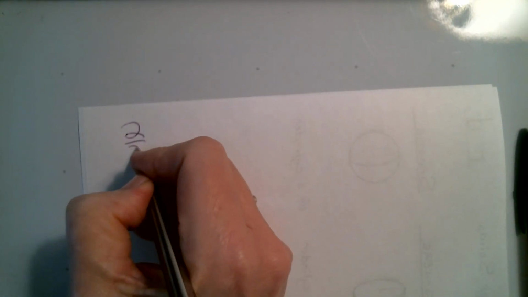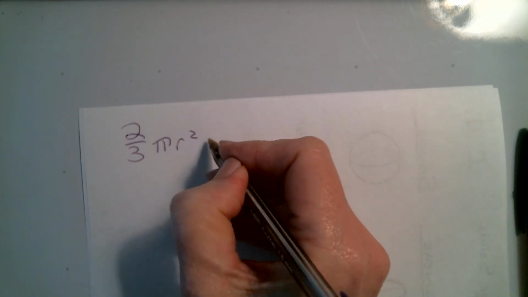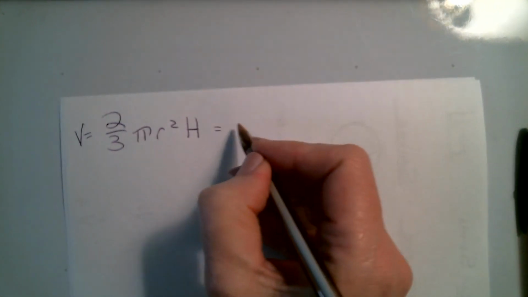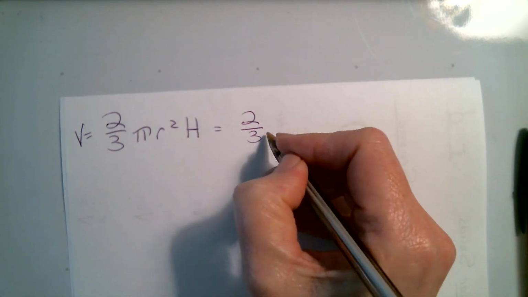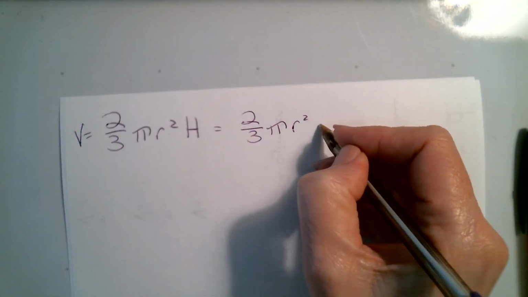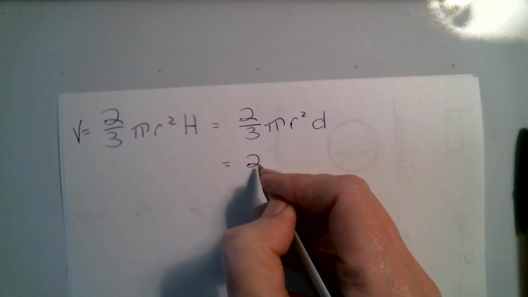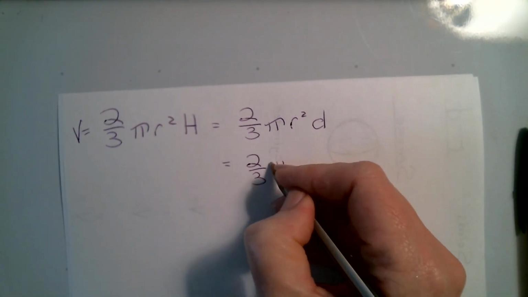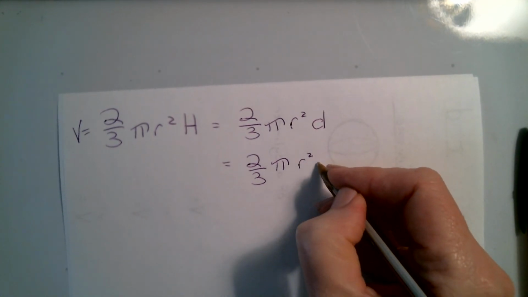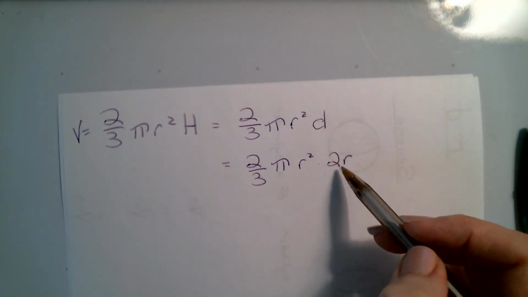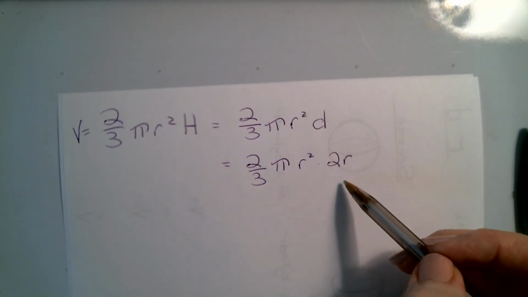Well, if we take what we just had with the 2/3 pi r squared times the height, and that's our volume for the sphere. Okay, well, we also said that we could substitute the diameter for the height. And we also know that the diameter is the same as 2 radii. So I've substituted for the diameter 2 radii.